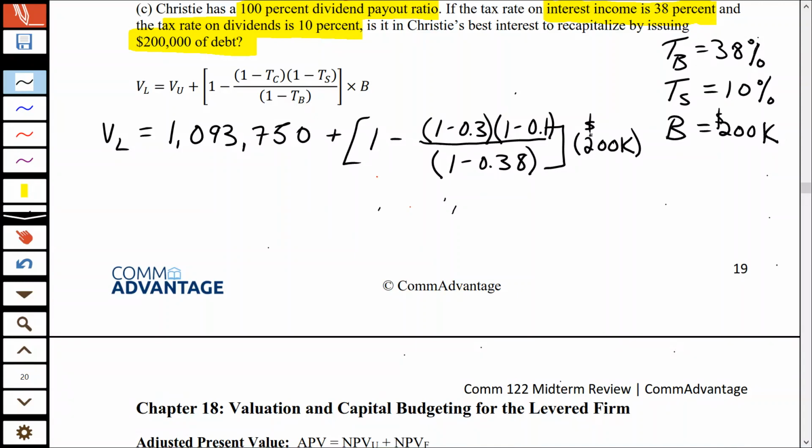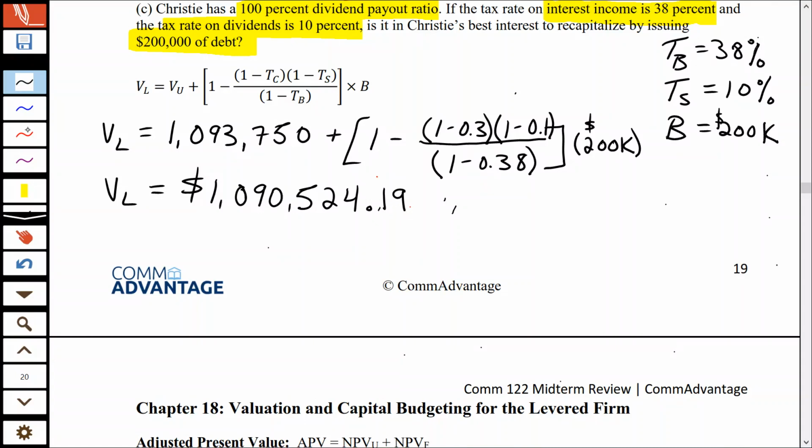We have one expression, one unknown on the left side, a whole lot of numbers on the right side. So we simply pull out our calculators, plug and play, and you will find, if you do that correctly, that the value of the levered firm will be $1,090,524.19.